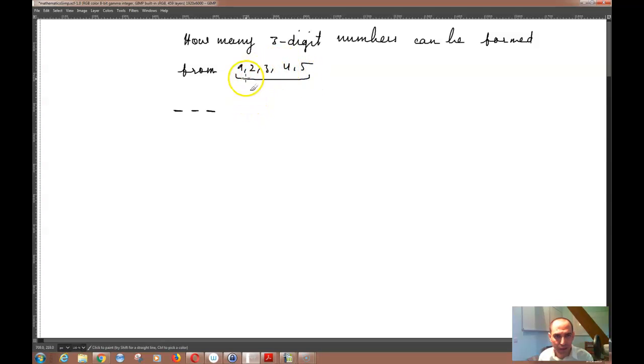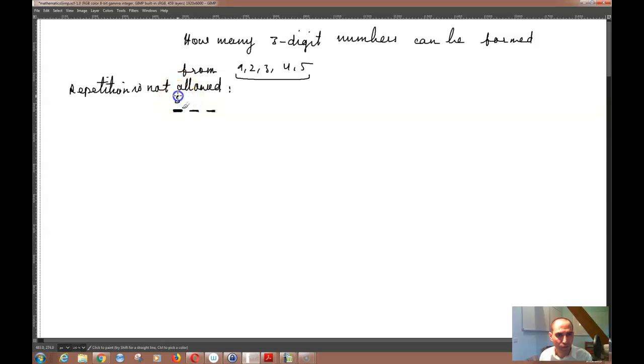So if repetition is not allowed, you have to fill this: this is the ones place, this is the tens place, and the next one is the hundreds place. For the hundreds place, there are 5 different ways of filling it, because you have 5 different digits to fill this placeholder.